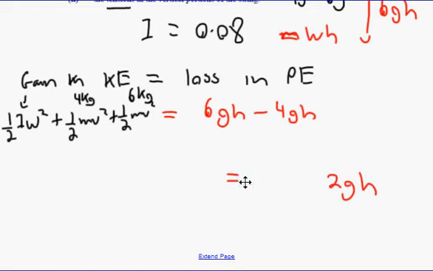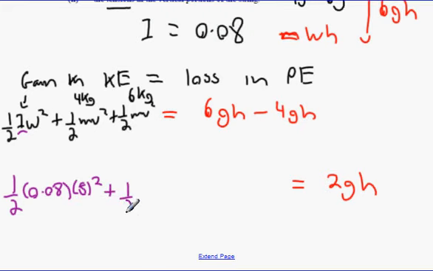So there's our loss in potential energy in red to the right, and what we've got in purple to the left is our gain in overall kinetic energy. We're going to have a half the inertia, which is 0.08, omega squared, which is going to be 5 squared, plus a half 4 times v squared, which is a half 4 times 1 squared.